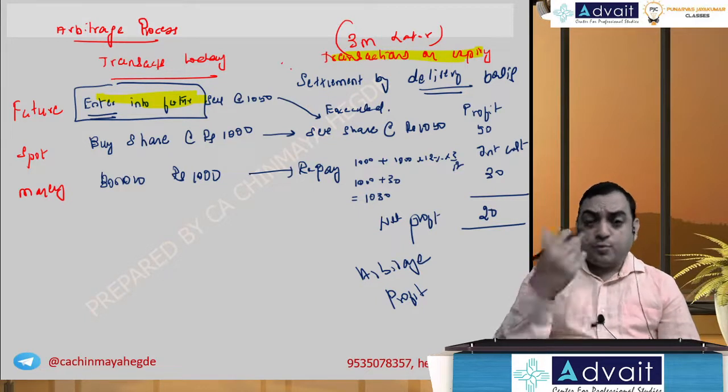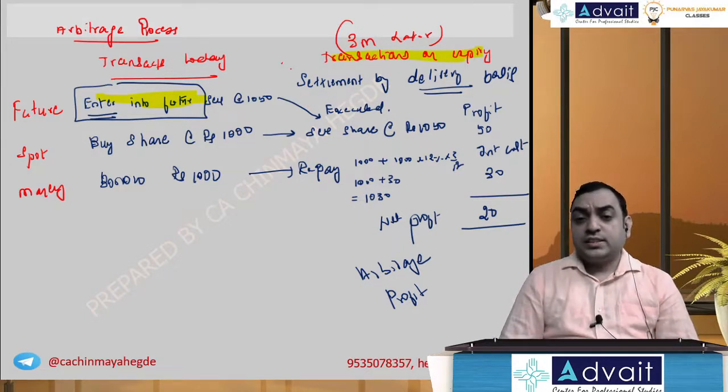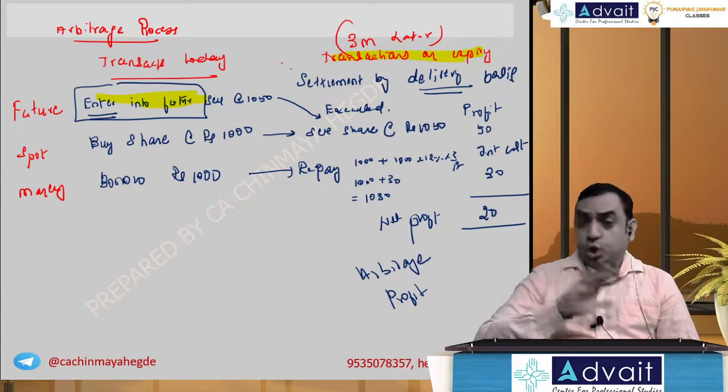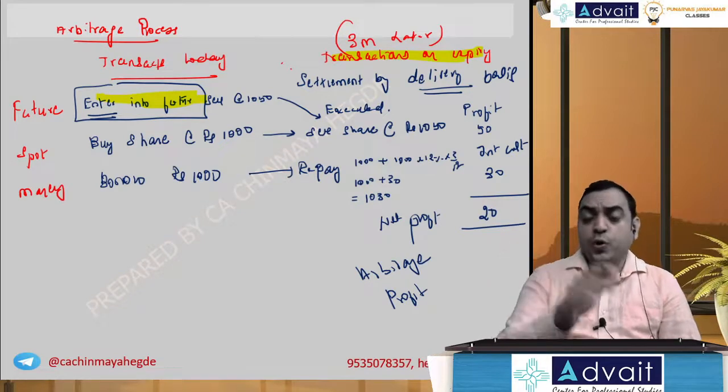The same thing I'm going to show it to you. Settlement by net basis, how the thing would change. Operations only will change. Overall profit will not change. I'm going to show it to you.